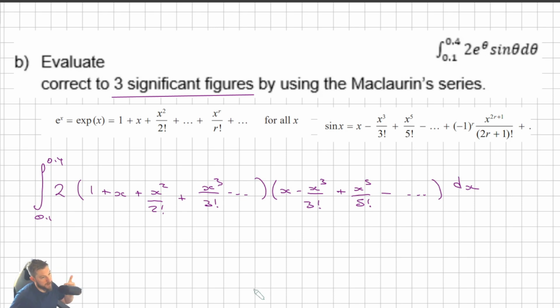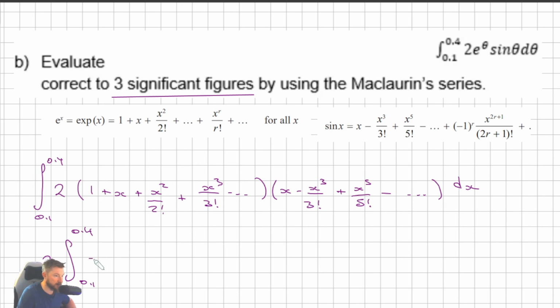So that probably means we want up to the cubed term. We can now start expanding these brackets to find all of the terms up to and including x cubed. I'll take the 2 out to the front of the integral. You're allowed to do that.